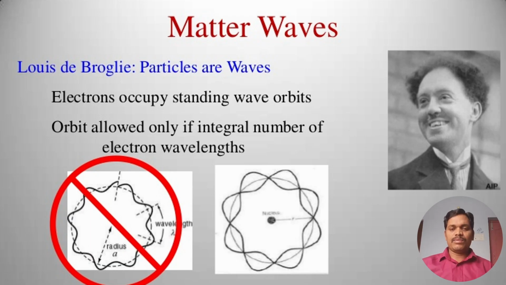And next, we can move to matter waves. De Broglie gave a strong proposal about matter waves. As we have already mentioned, light plays a dual role: one is the particle nature, another is the wave nature.